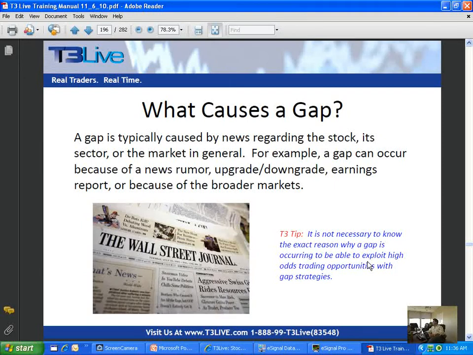What's relevant is how far away from the moving averages is it? What does support and resistance look like at that current time? Et cetera, et cetera. The more you try and focus on the external factor, the more it creates an opinion as to what the stock will or should do.